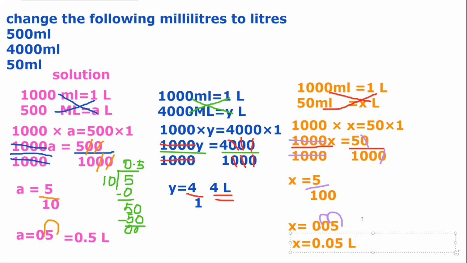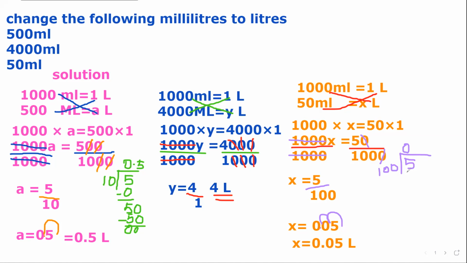0.05 liters. Or you can use long division to solve this one, whereby the 5 will be in the box. The 5 here will be in the box, and then the 100 will be outside the box to divide the 5. So if 100 people are sharing 5, each receives nothing, and that is 0. Then to confirm whether there will still be a remainder, use the 0 that you receive to multiply the number of them.